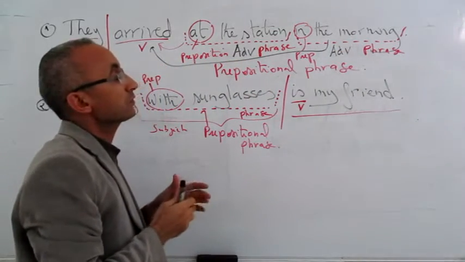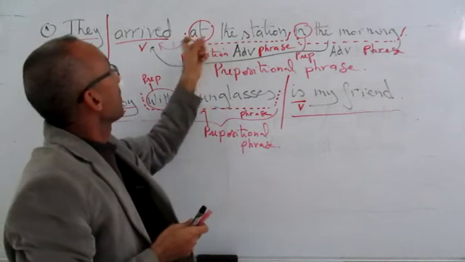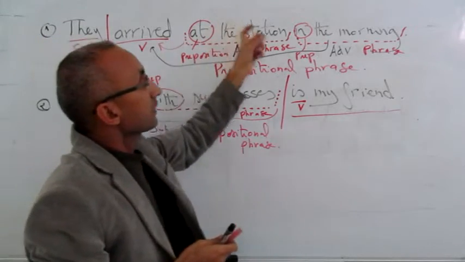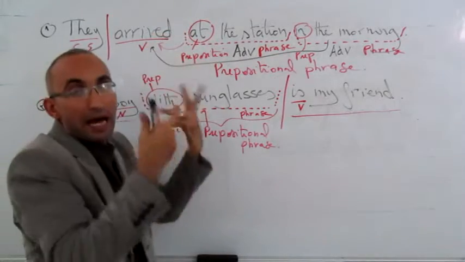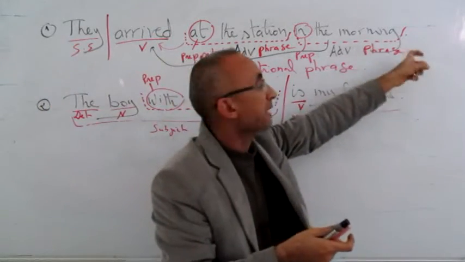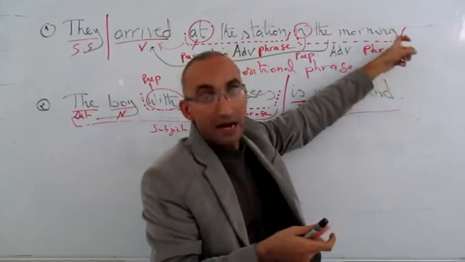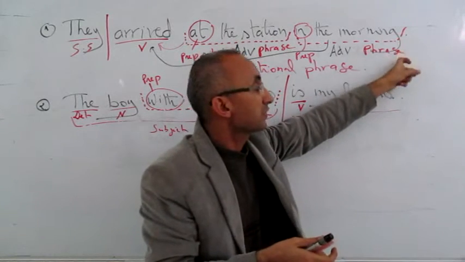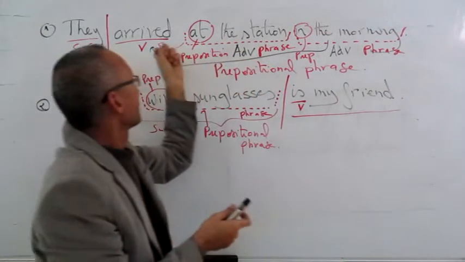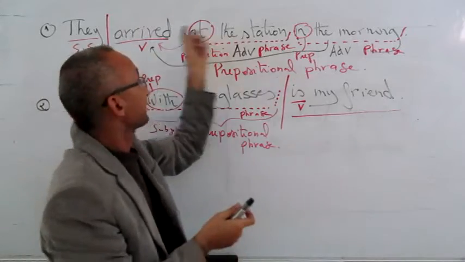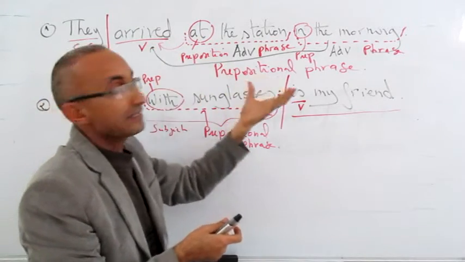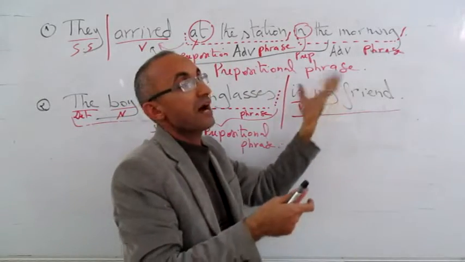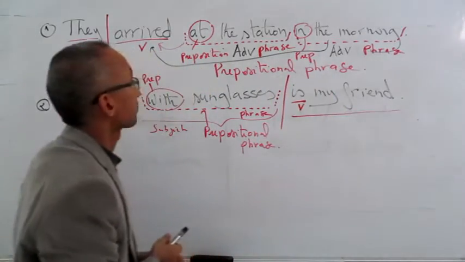And even if I want, I can add: arrive at the station, in the morning, by bus. Arrive how? By bus. Here, by bus is another phrase which is related to the verb and modifies it. Alright. So it acts as an adverb and is the answer of how? By bus. Good.